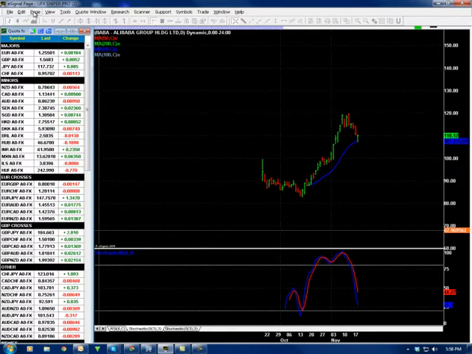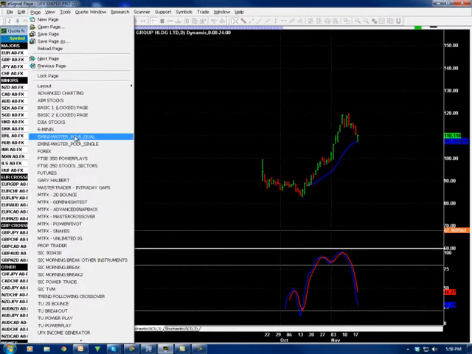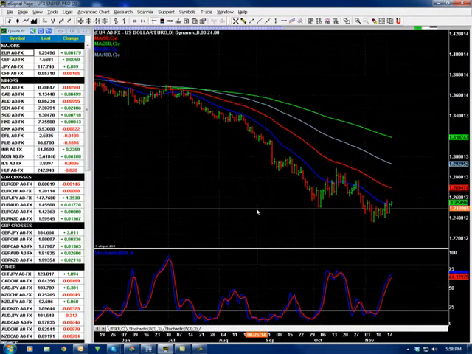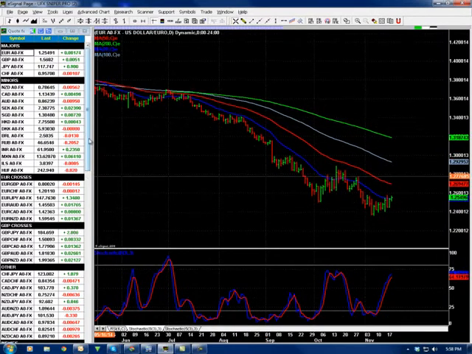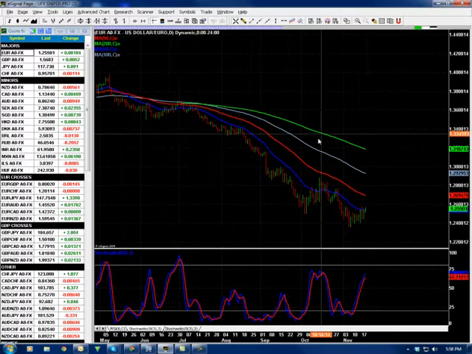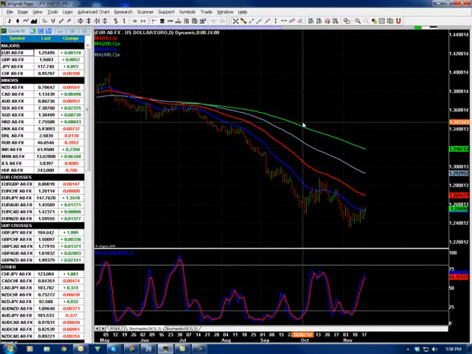Right, okay. Let's have a look at the euro first. Right, this is the euro versus dollar.